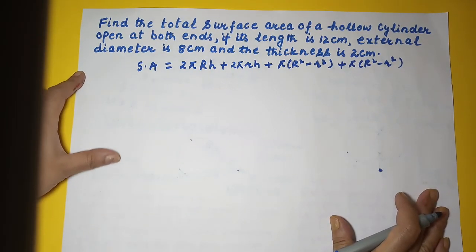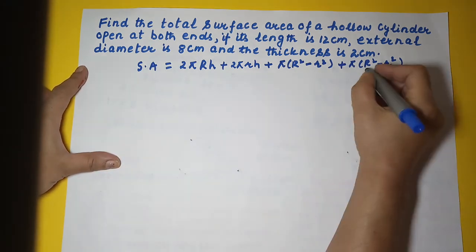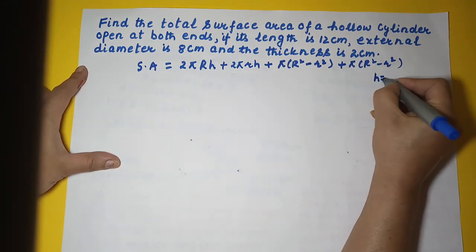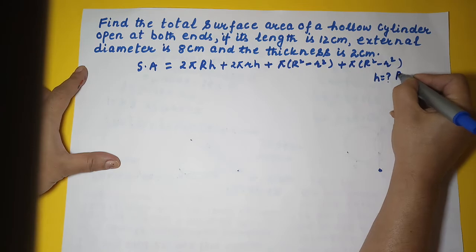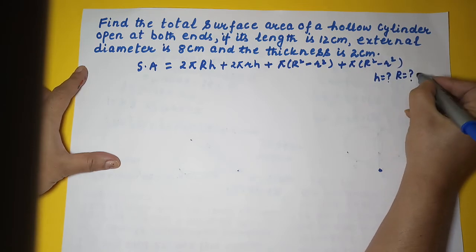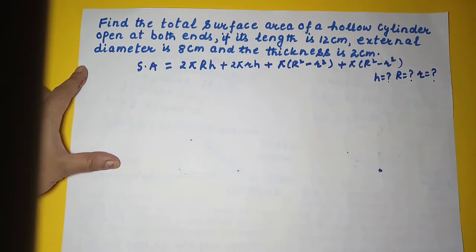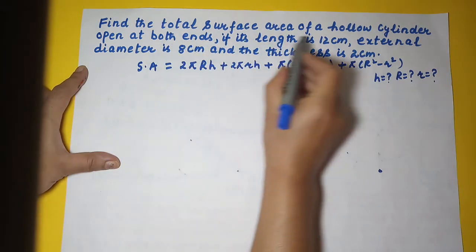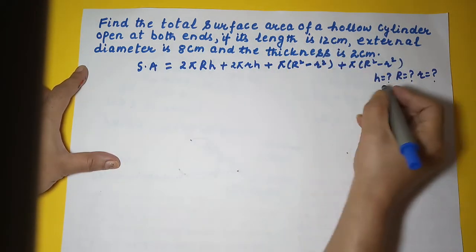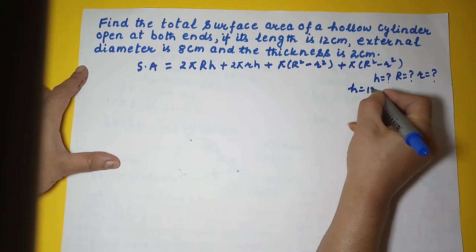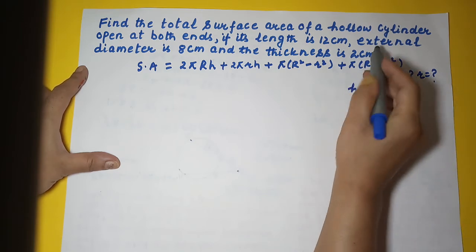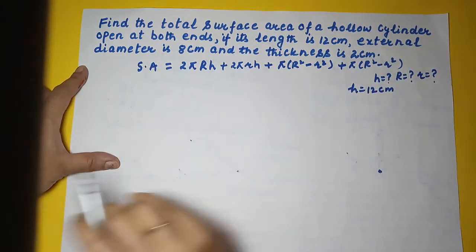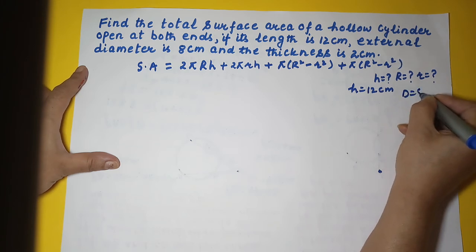So for this, what do I require? I require h, I require capital R, and I require the small r, right? Now let me see what all is given. Length, that means height is given. How much? 12 centimeters. External diameter is given 8 centimeter.